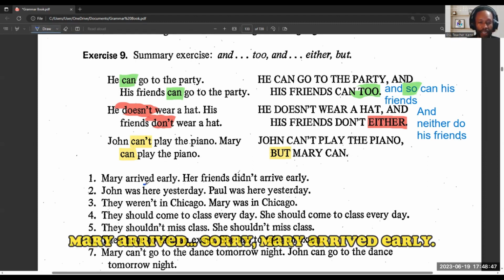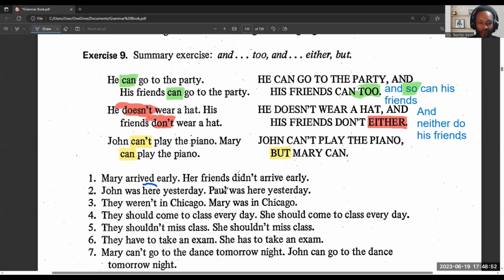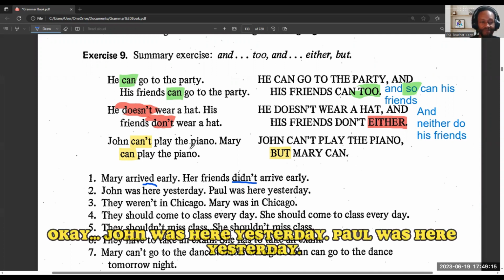Mary arrived early. Her friends didn't arrive early. Mary arrived early, but her friends didn't. Okay. John was here yesterday.